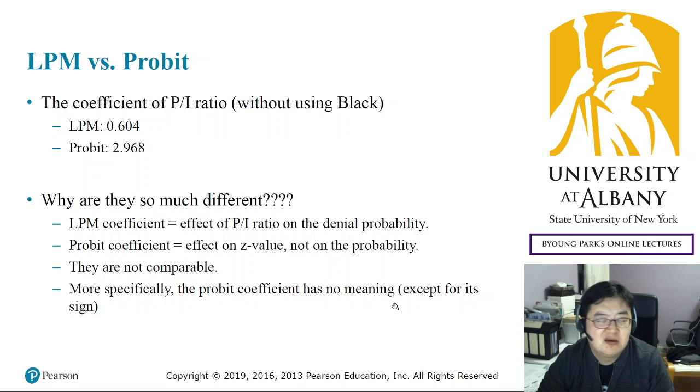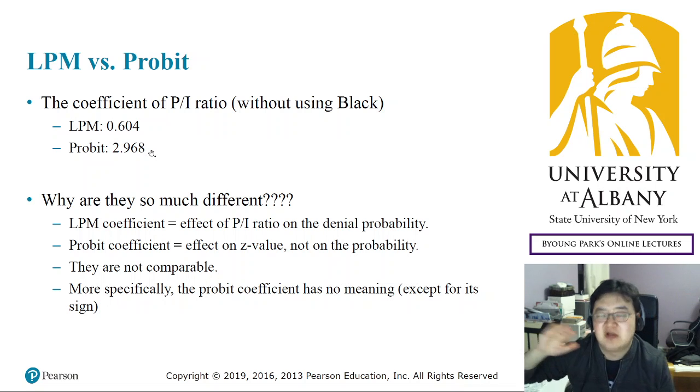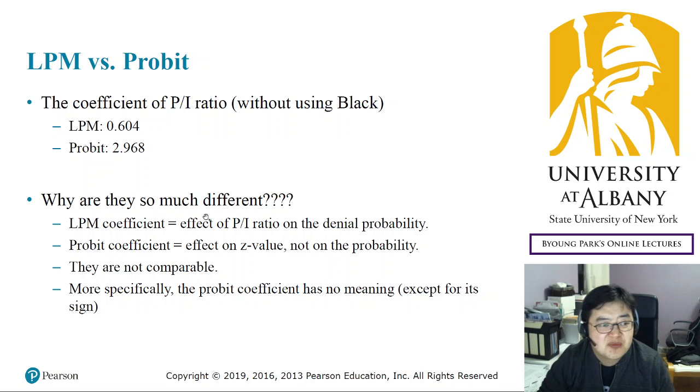It has no meaning, but the only exception is its sign. The signs will always be the same. So if the probit coefficient is positive, usually the linear probability model coefficient will also be positive. Positive means an increase in pi ratio will increase the probability of denial. That's the only possible interpretation from this result, along with statistical significance.